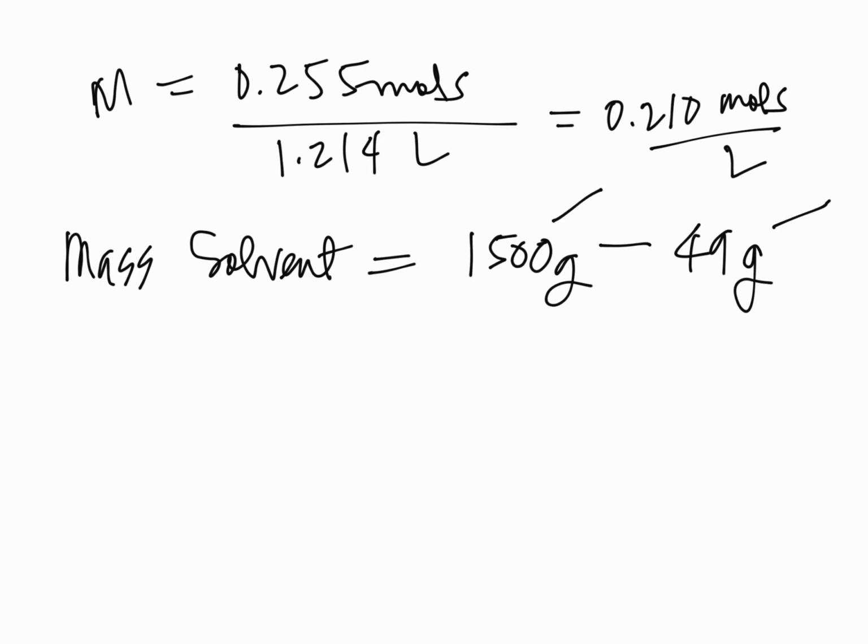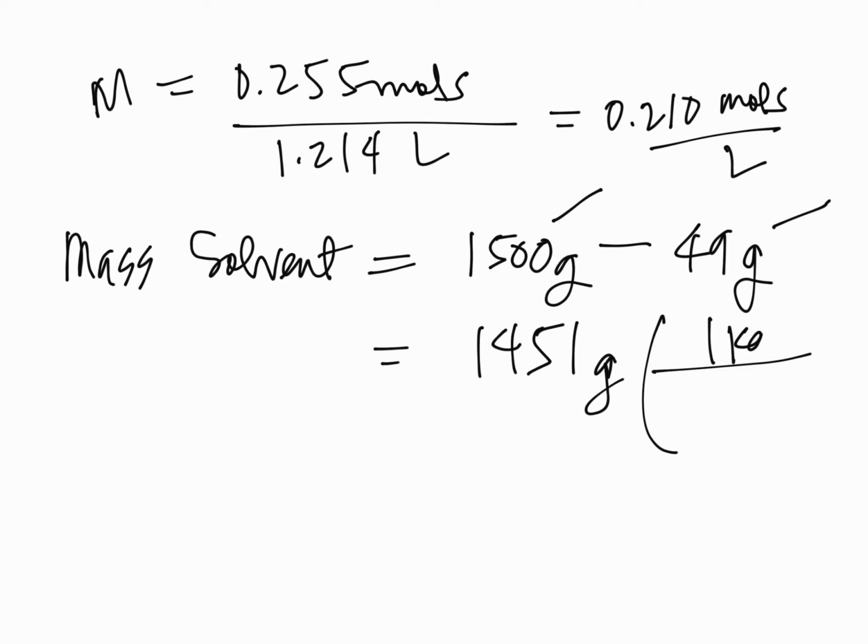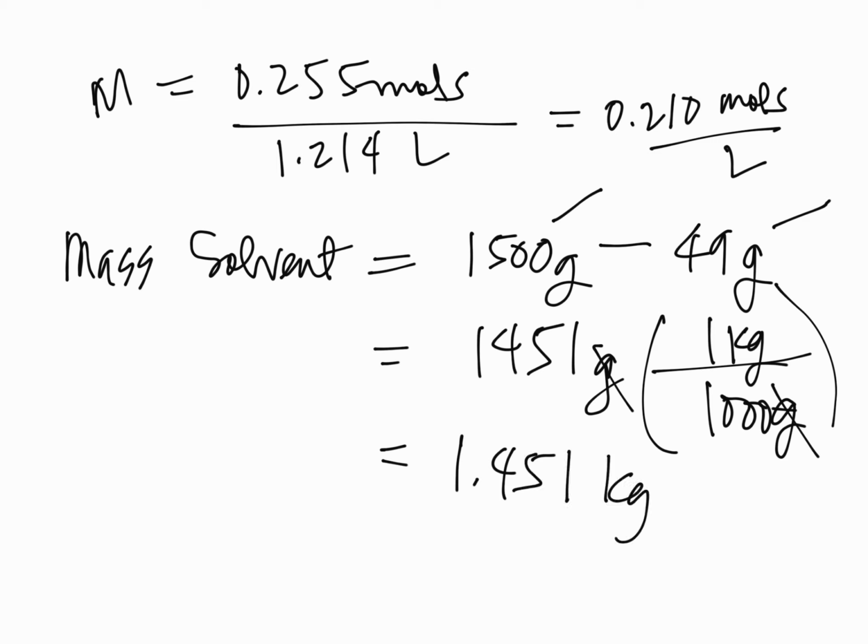This is solution, this is solute, so you will get the solvent, and that will be 1,451 grams. Now multiply by 1 kilogram divided by 1,000 grams. You cancel the grams, and you get 1.451 kilograms.